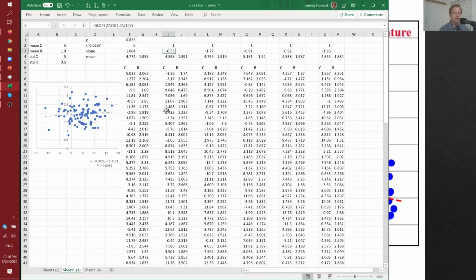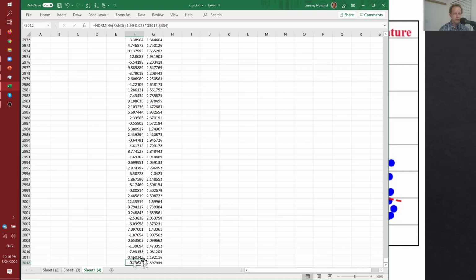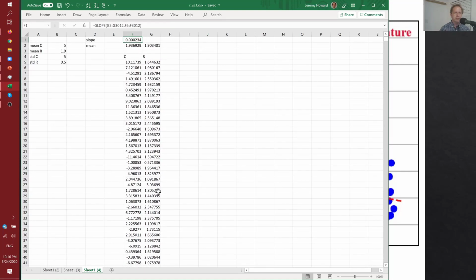If we wanted to be more confident about that slope, we would need to look at more cities. So here I've got 3,000 randomly generated numbers, and you can see the slope is 0.00002.